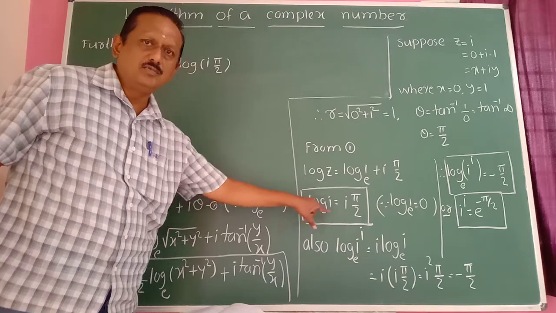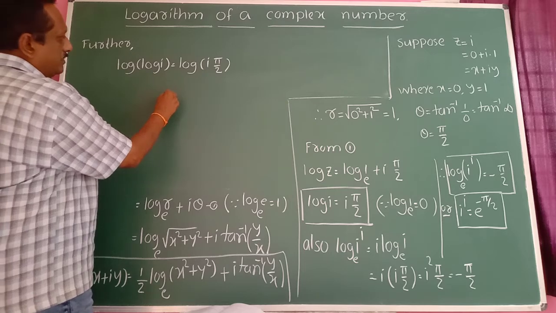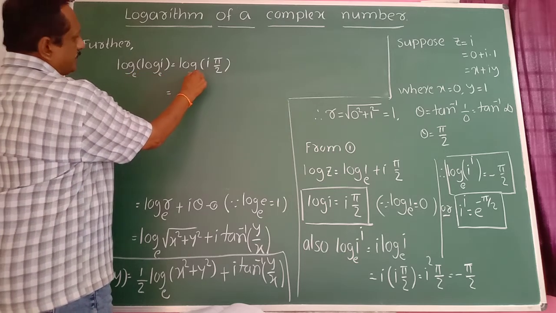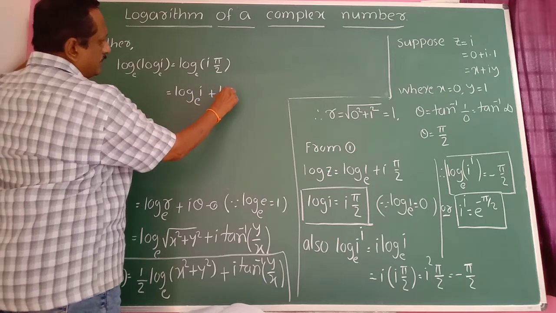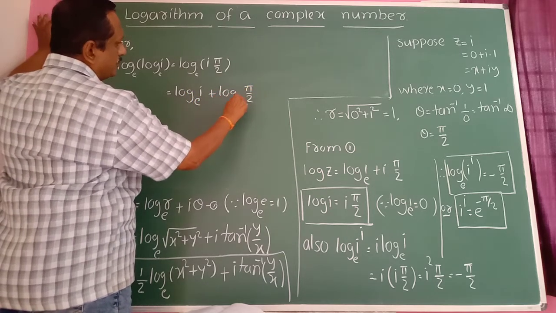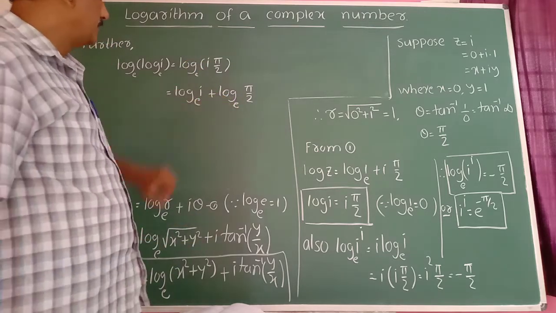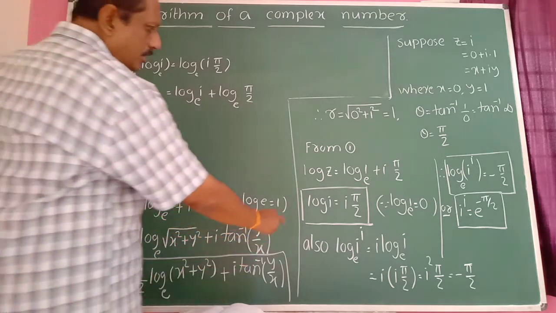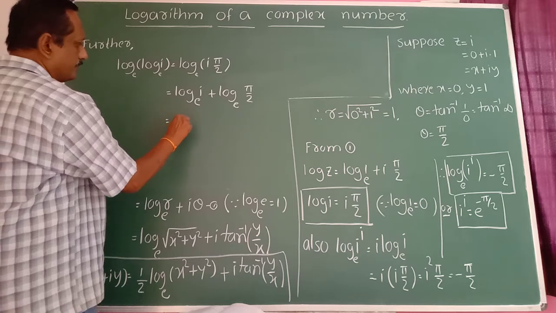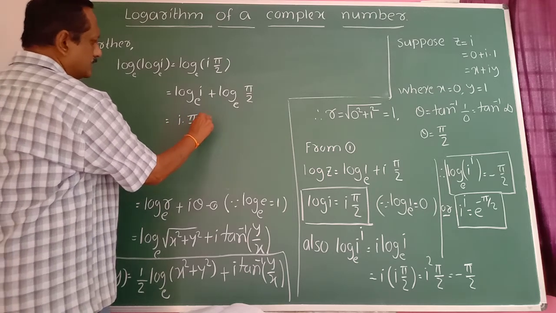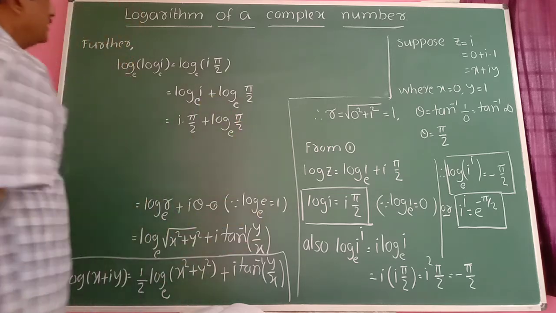Taking a logarithm on both sides, log i is equal to log of i pi by 2, and using a property of logarithm, log of i to the base e plus log of pi by 2 to the base e. But again you know log of i is i pi by 2. Therefore i into pi divided by 2 plus log of pi divided by 2.